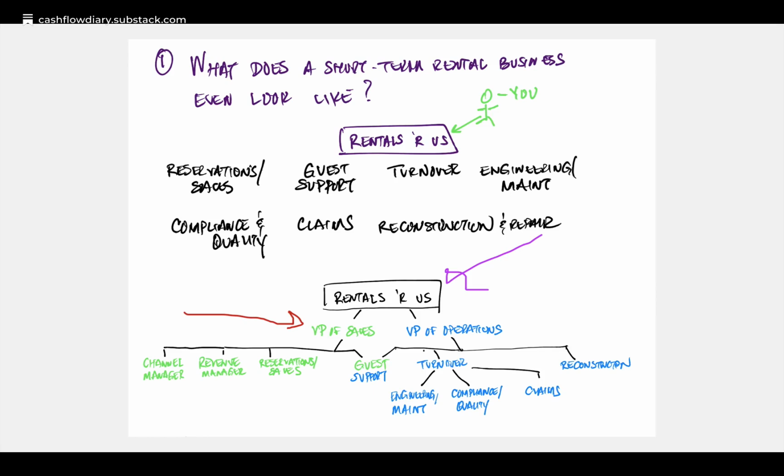And then you also have the VP of operations. So that would be like the C-level, if you will, people who are helping you to run the business. So you've got you as the Rentals R Us owner, you've got the VP of operations as well as the VP of sales.